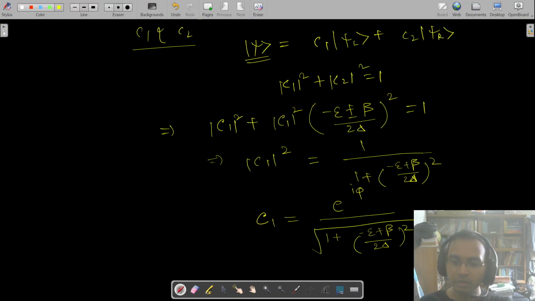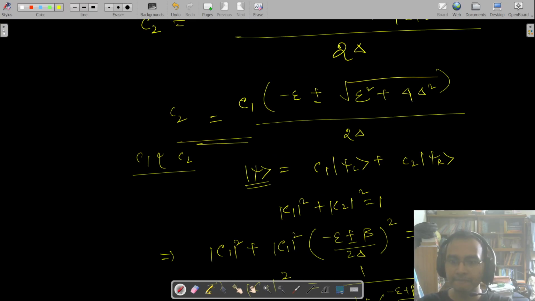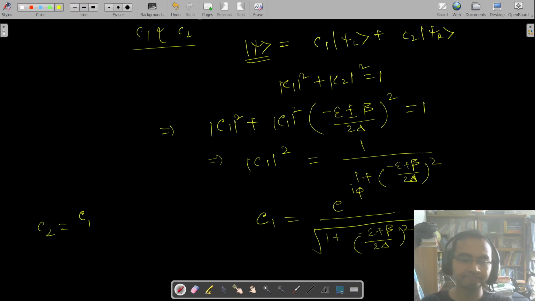Similarly, C2 is given by C1 times minus epsilon plus or minus beta, divided by 2 delta, and we know C1 as a function of all the known quantities, and so we know both C1 and C2.